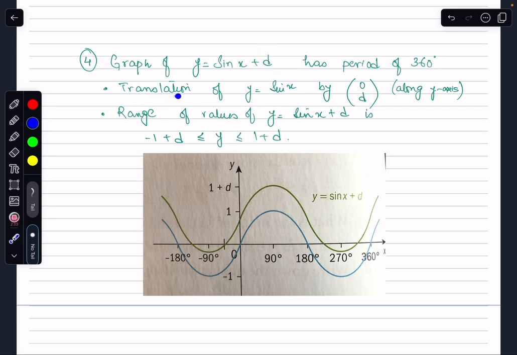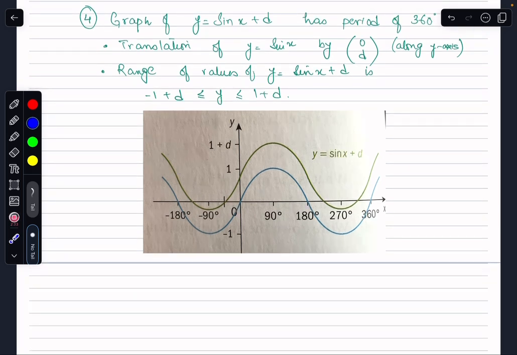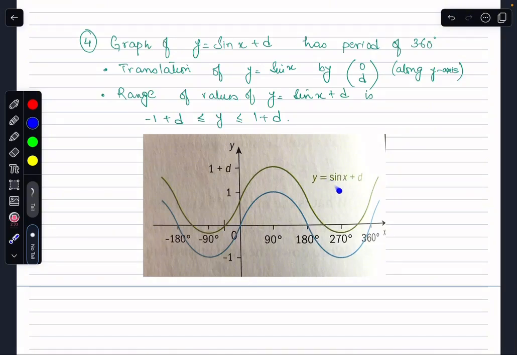Therefore, I can say it's the translation of y equals sine x by 0 and d, meaning it's the translation along the y axis. The range of values of y equals sine of x plus d shall be negative 1 plus d less than or equal to y, which shall be less than or equal to 1 plus d. So this is how the translation of y equals sine of x plus d takes place.